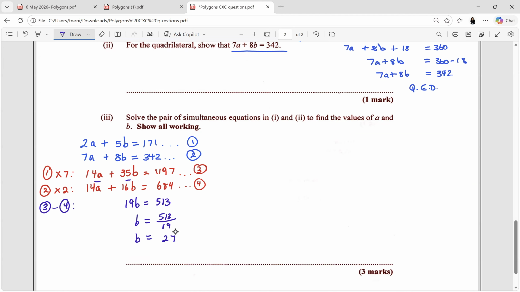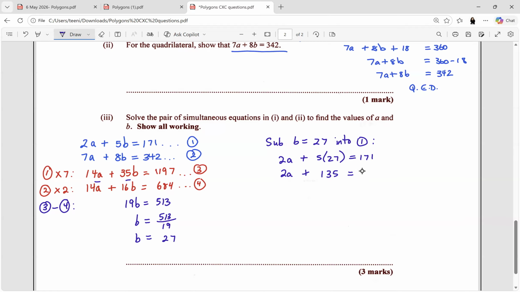And now that I got what B is equal to, I will substitute B equals 27 into any one of the equations. I'm going to use equation 1. So substituting B is 27 into equation 1, I get 2A plus 5 times 27 is equal to 171. So that means 2A, well, 5 times 27 is 135.